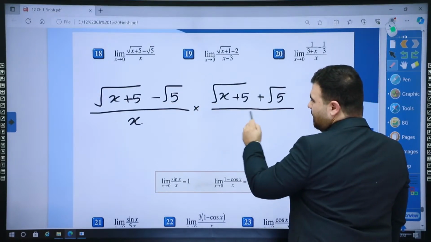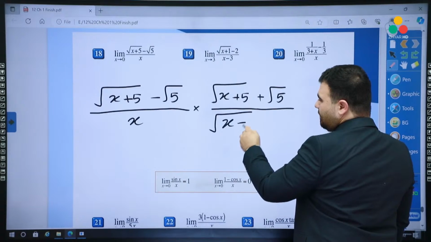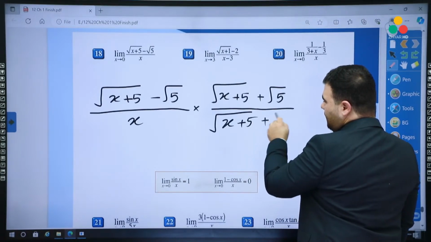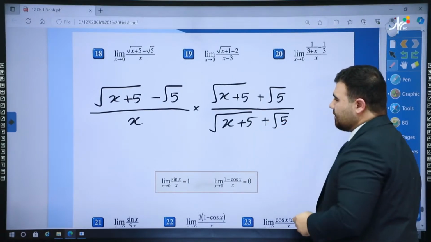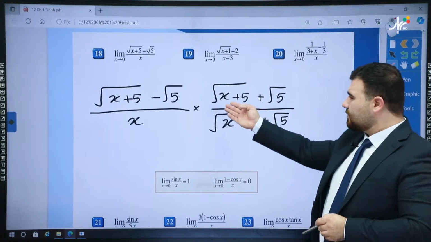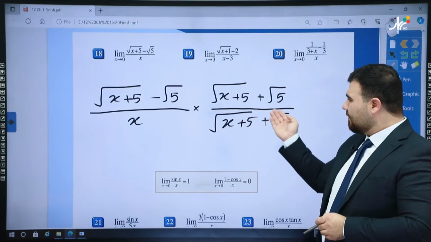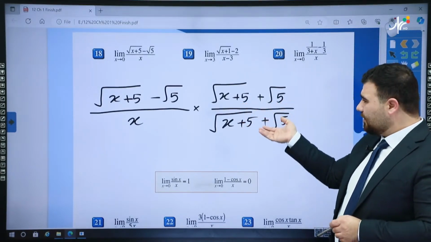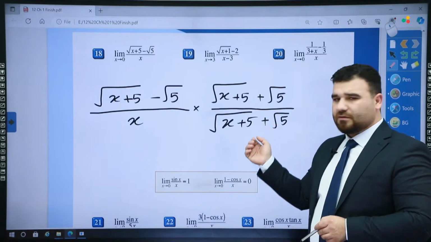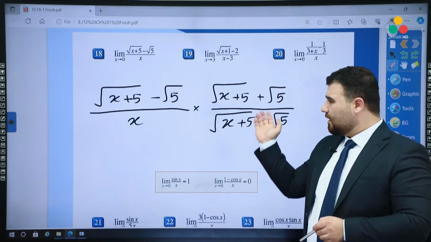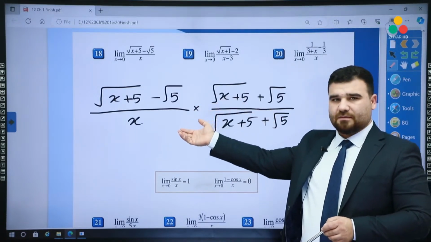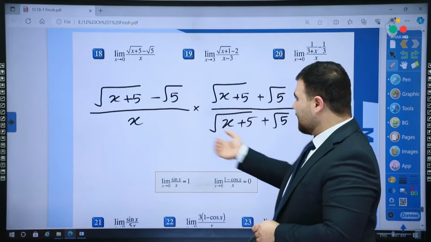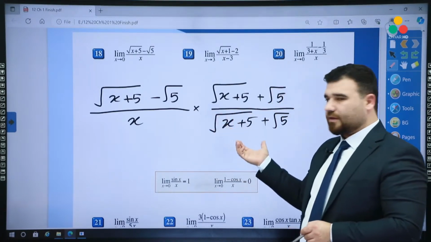Minus becomes plus. We write the same thing down. Plus square root 5. Square root x plus 5 plus square root 5, these are the same thing. If we simplify this, it's equal to 1, and 1 multiplied by anything stays the same. This is why we do this. This stays the same after this simplification.